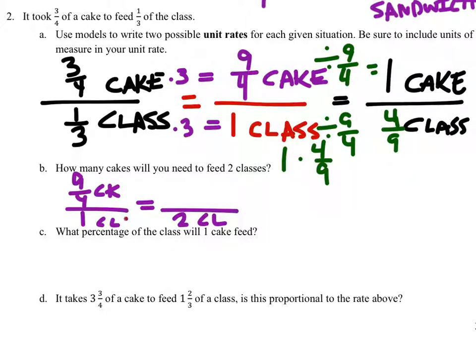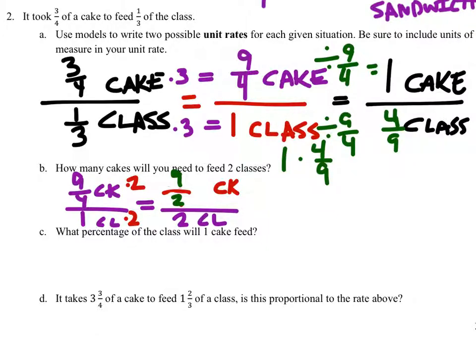So what do we do? Yeah, multiply by 2. And that would be 18/4. But we should simplify that, right? This is cake. Simplify this to what? 2 and then 4. 9/2. Yeah. So we take 9/2 cakes to feed two classes.